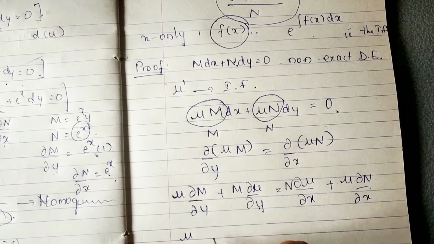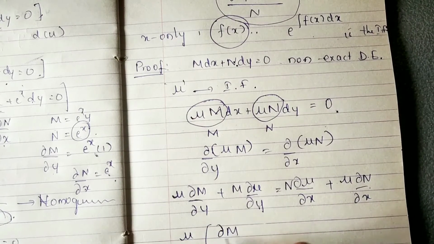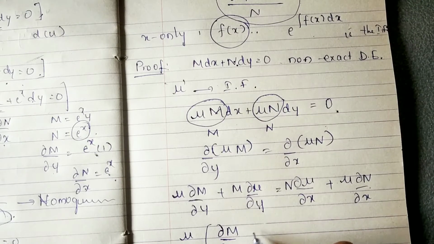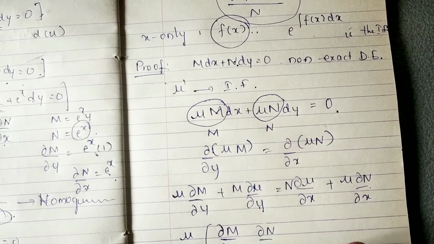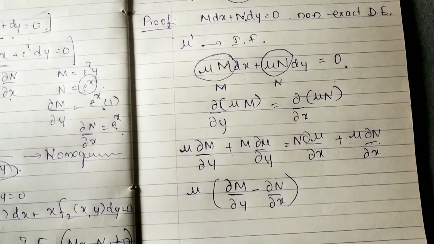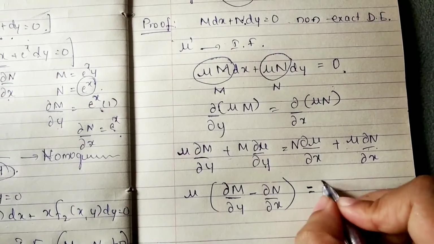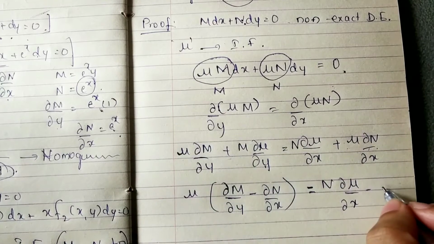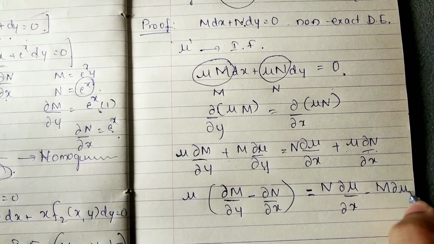If you take mu outside, then we get dou M by dou y minus dou N by dou x. But if you take this term to this side, it will become negative, equal to N into dou mu by dou x minus M into dou mu by dou y.